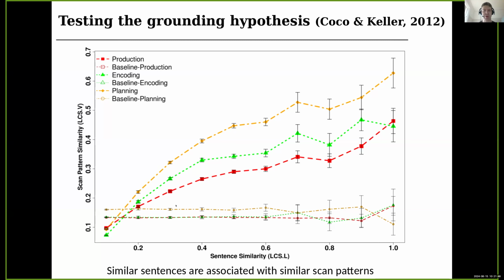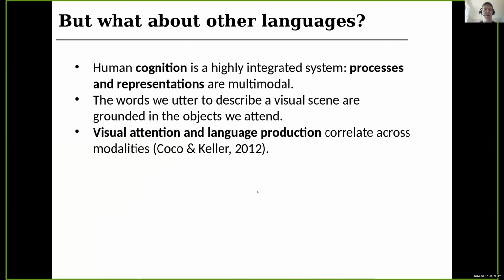And here we have a baseline where we just scramble the scan pattern and the image, and the effect goes away. This is just a sanity check that this isn't an artifact about eye tracking in general or sentence production in general. It's really particular to the right scan pattern being paired with the right sentence. Okay, so this is an existing result, existing evidence for this grounding hypothesis.